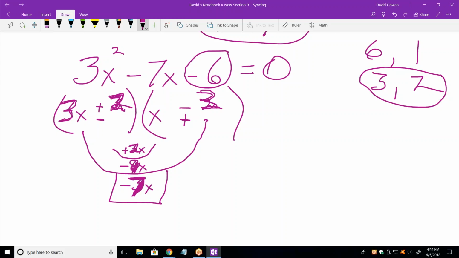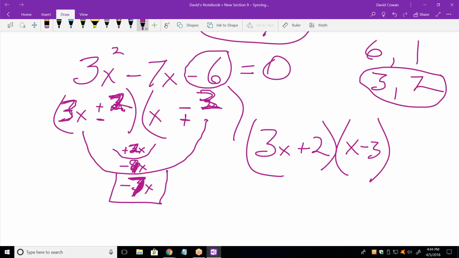And my answer is, just to be clear, 3x plus 2 times x minus 3. If I do that multiplication, I will get that. Now, if I set that equal to 0, solve it for x. Oh, are we doing roots now?